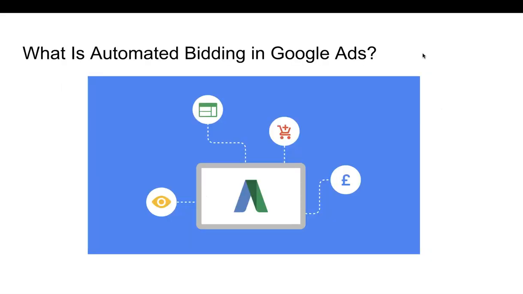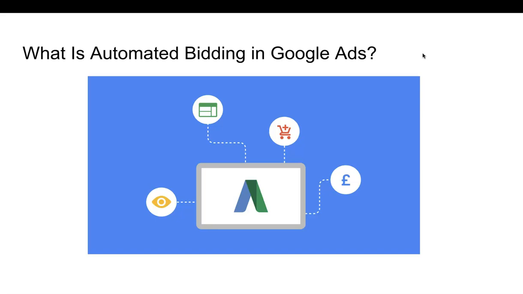Okay, and what is automated bidding in Google Ads? It is a set of machine learning powered strategies that takes the guesswork out of bid management.